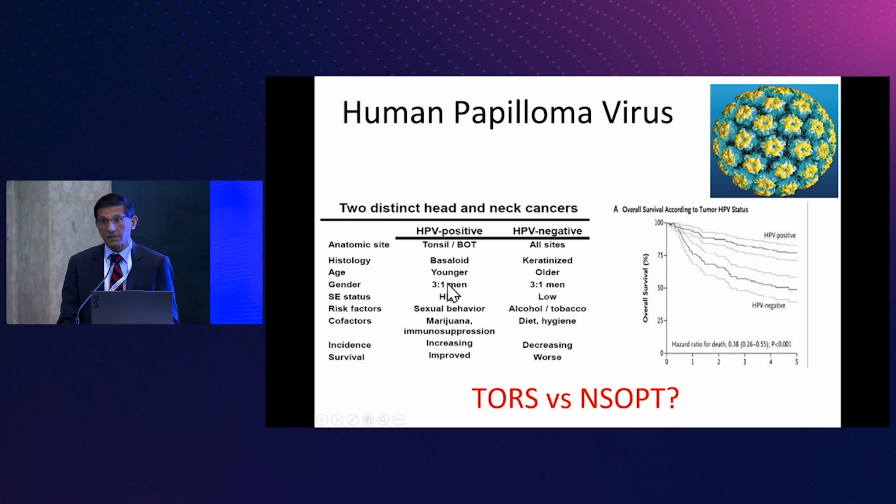The good thing is that they have an overall better prognosis. They can be more sensitive to chemotherapy and radiation therapy. Now, HPV negative tumors, as we'll see later, can still occur in the oropharynx. They're probably more prevalent in areas that are a little bit more conservative, like the Middle East, like Indonesia, et cetera.